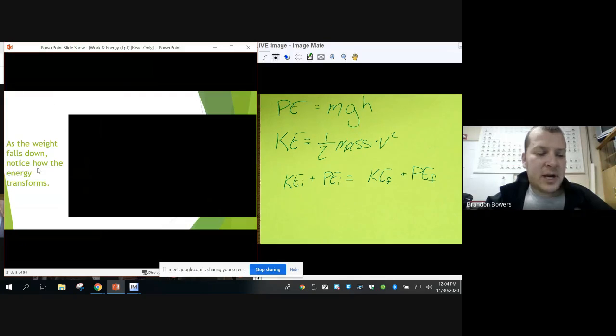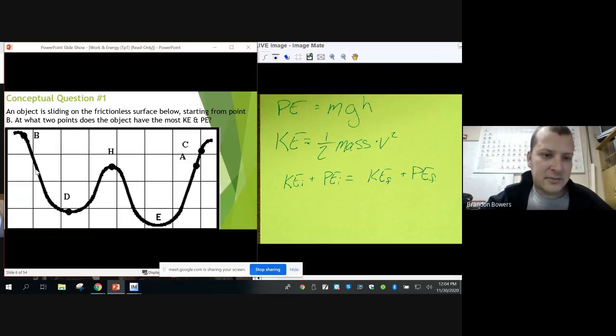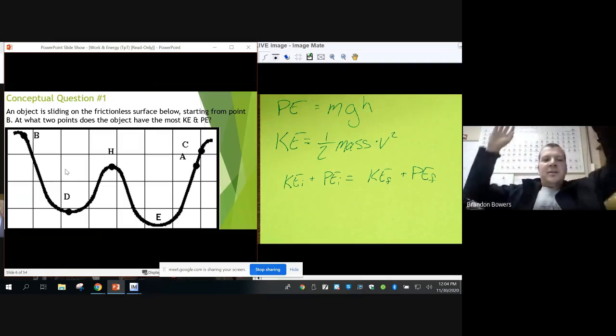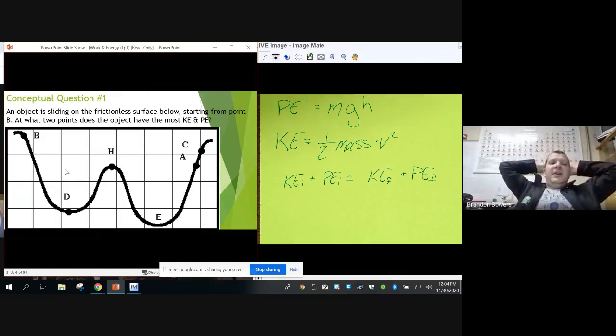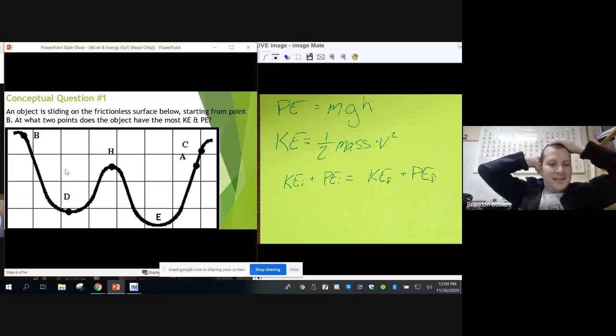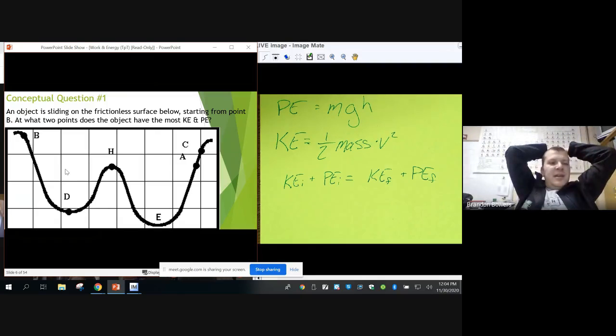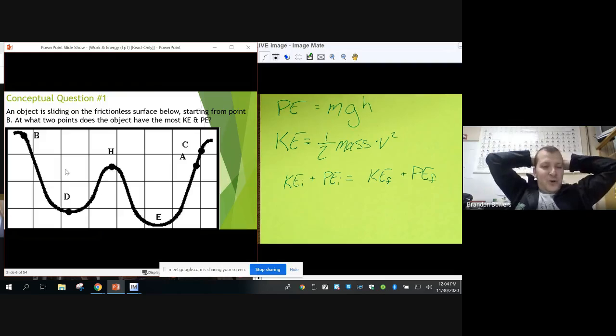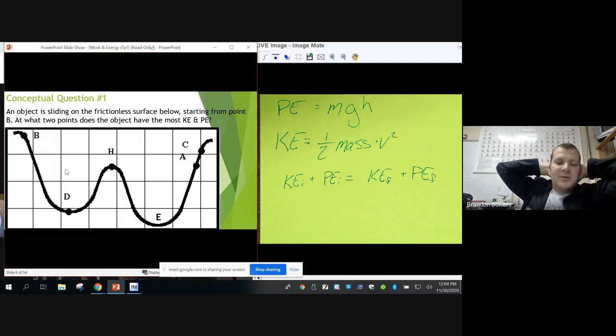So I would try to show you this video, but it only works with sound, and the sound is not working. So we're going to skip that video and go to this concept question 1. As we know, potential energy is where you're standing still. An object is sliding on a frictionless surface below. Frictionless is kind of the key word here.